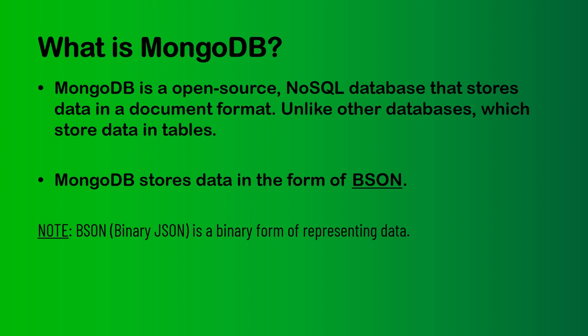So it stores the data in the form of BSON, while if we want to send data to MongoDB, we can send it in the form of JSON. If we want to extract the data from MongoDB, we can extract it in the form of JSON. But MongoDB stores the data in the form of BSON, that is binary JSON format.